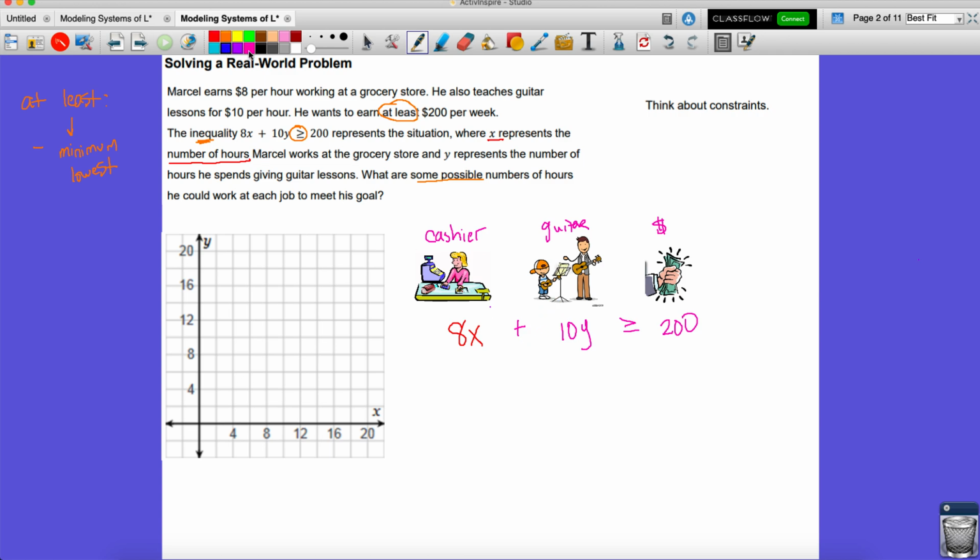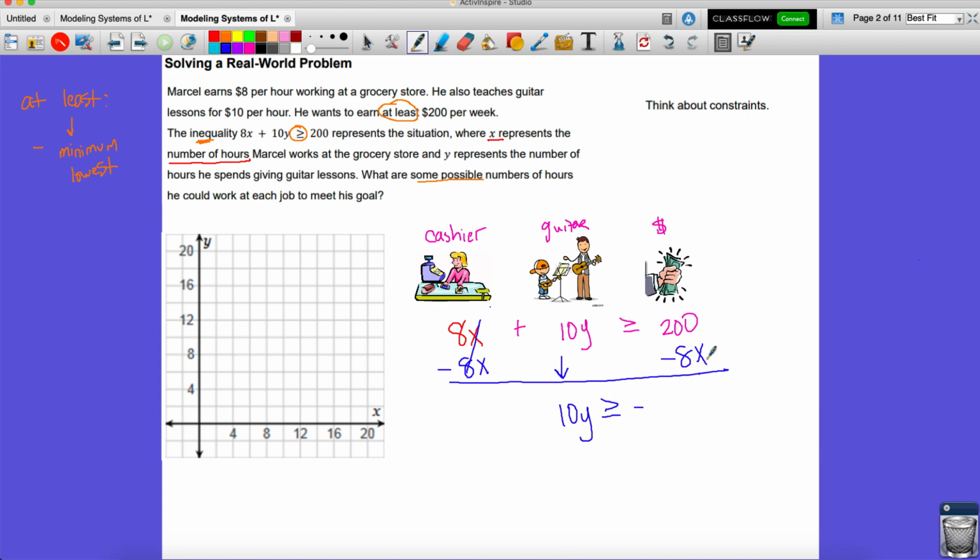So doing this now, how would we do this? In order for us to work with a graph, we're going to have to graph this. So we need to get this in slope-intercept form by subtracting 8x from both sides. And we'll get that this 10y drops straight down, 10y, this greater than or equal to sign.